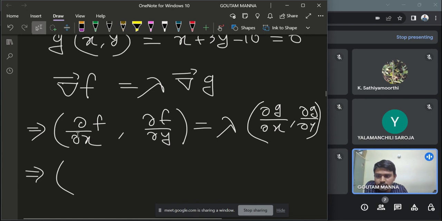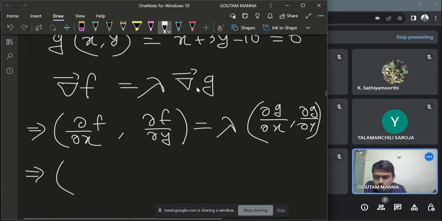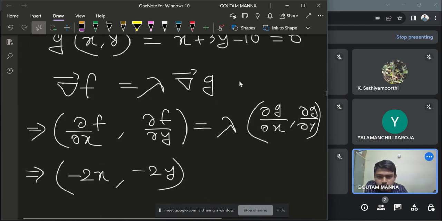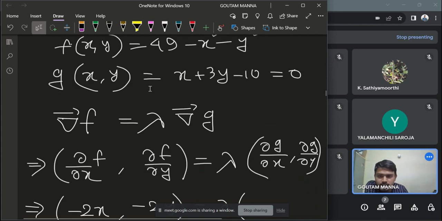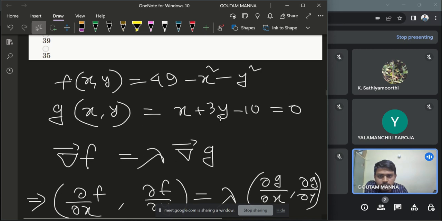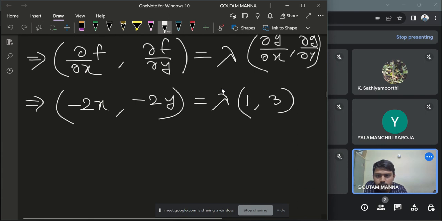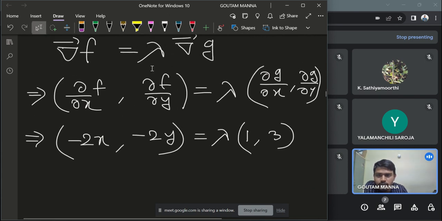So del f del x is minus 2x comma del f del y is minus 2y, equals lambda times del g del x, which is 1, and del g del y, which is 3. So we have two equations from this relation.